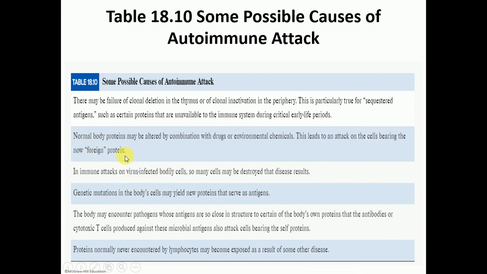Or maybe the person got a viral infection that triggered the whole process. Maybe there was some kind of genetic mutation in the body. There are so many different theories out there that it's very hard to pinpoint the exact cause.